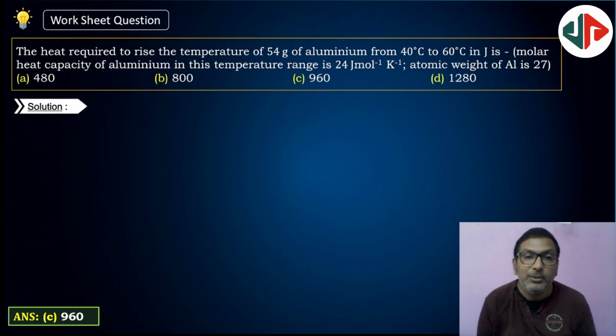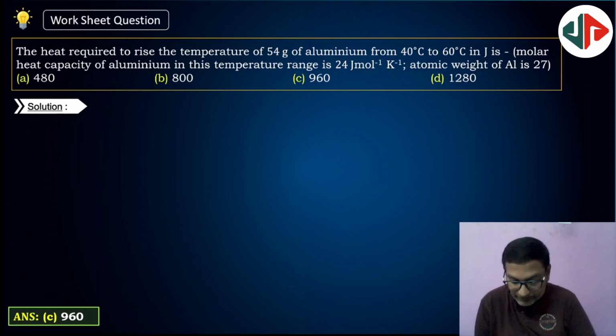The heat required to raise the temperature of 54 grams of aluminum from 40 to 60 degrees centigrade, in joules, is. The molar heat capacity of aluminum is given, and atomic weight 27 is given.